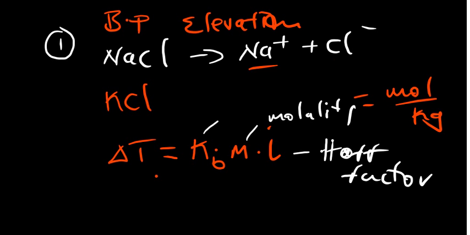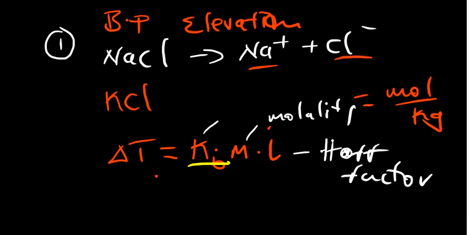As we plug into our formula, we need to know the value of the Kb of the solvent we're talking about. Let's say in this case we are dissolving sodium chloride in water.